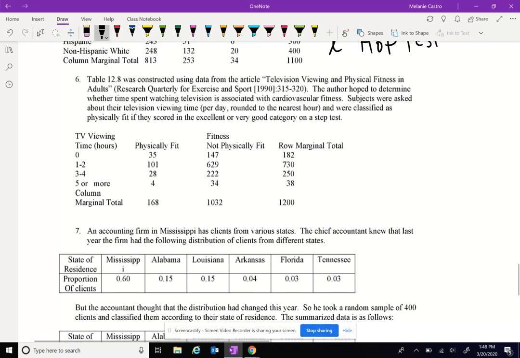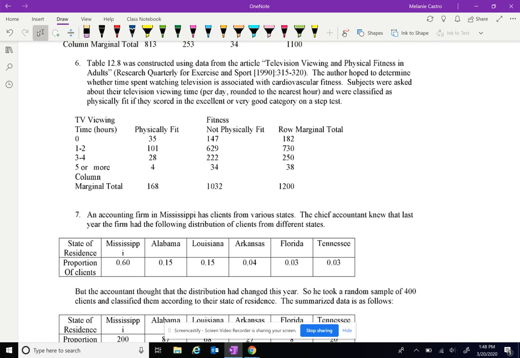Okay. On the next one, they said that keyword, whether time spent watching television is associated with cardiovascular fitness. So right away, that should be a chi-squared test for association. So are these things associated? You only have basically one population and you're recording two different variables from them.